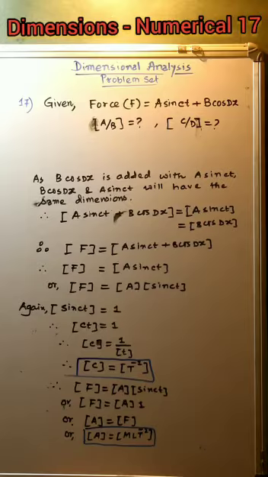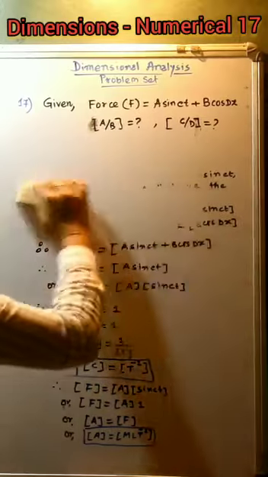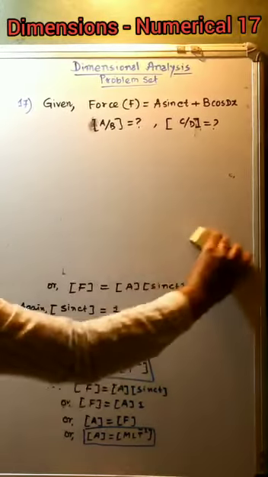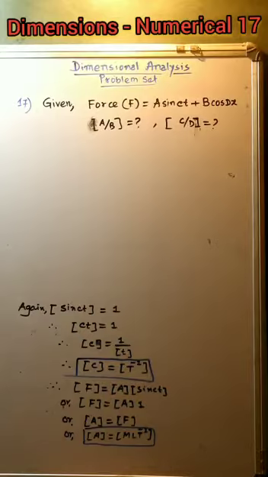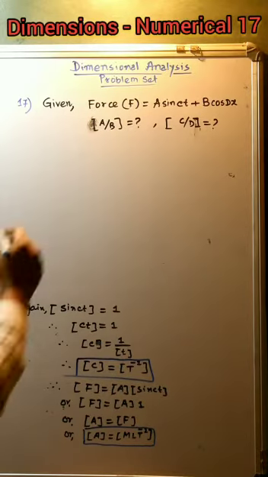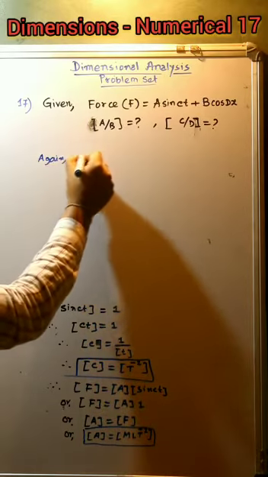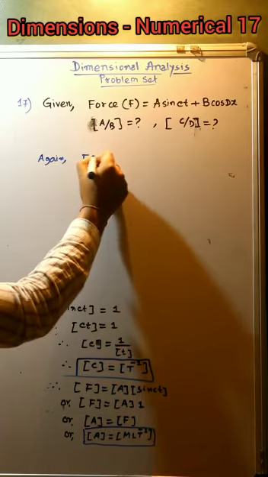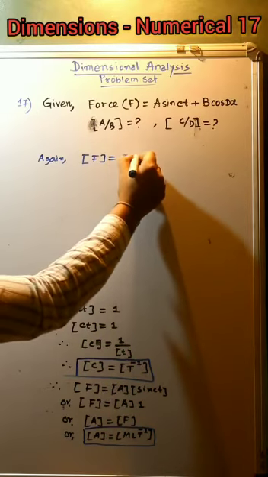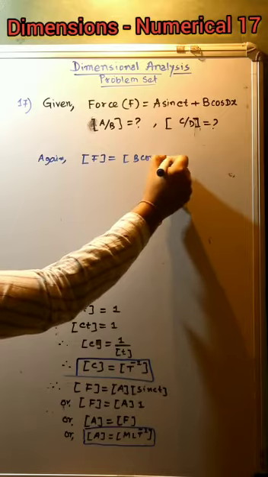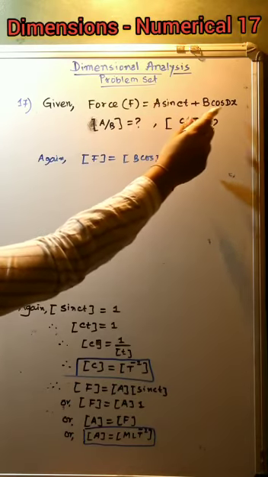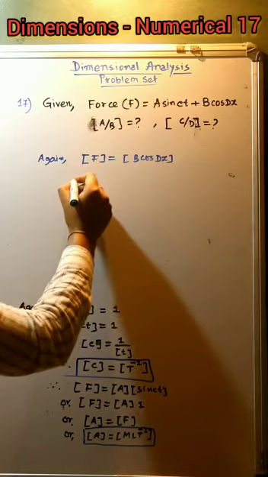Now we have to find the dimension of B and dimension of D, the same way. Again, dimension of force is equal to dimension of B cos dx, because the dimension of A sin ct plus B cos dx will be the same as the dimension of B cos dx.